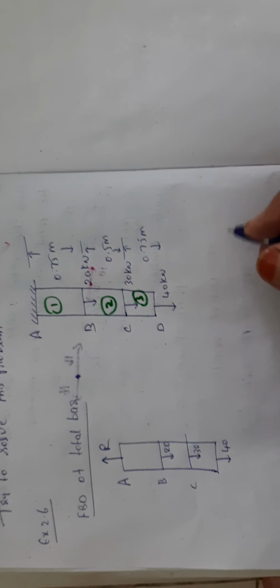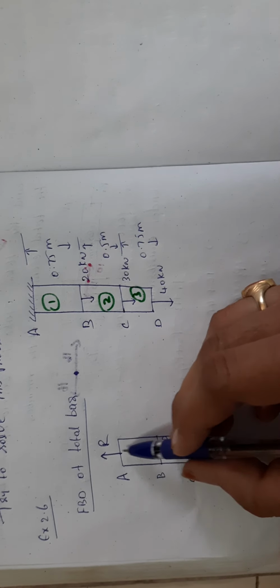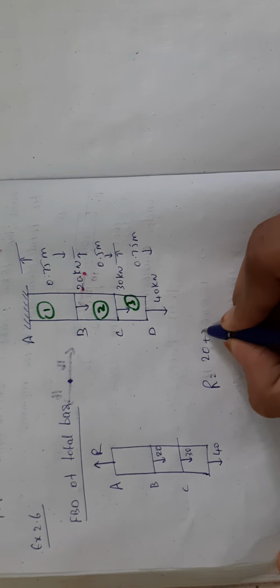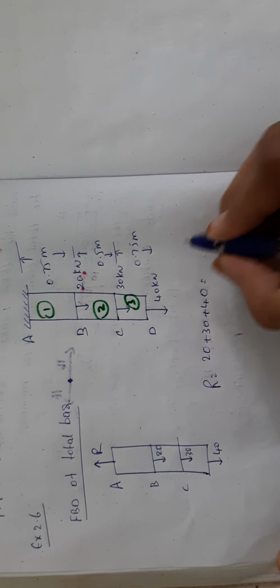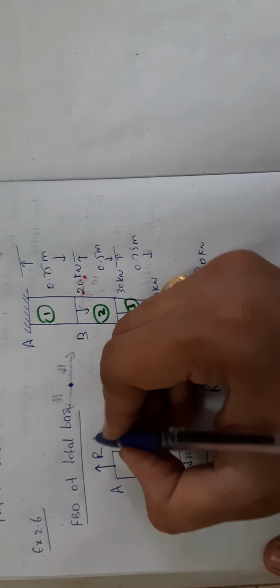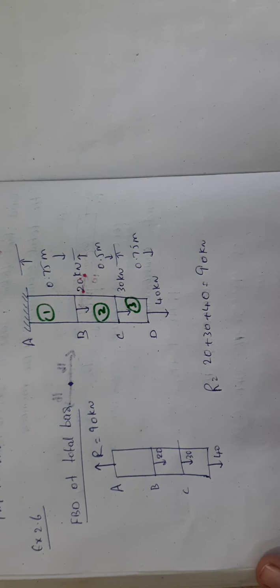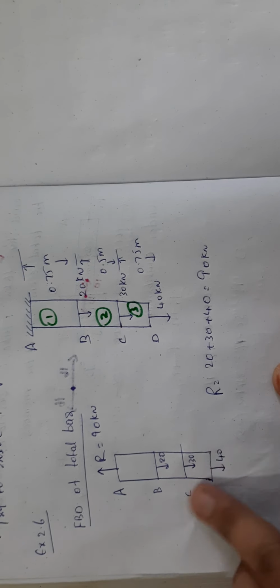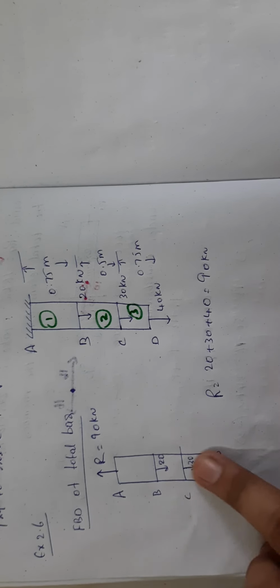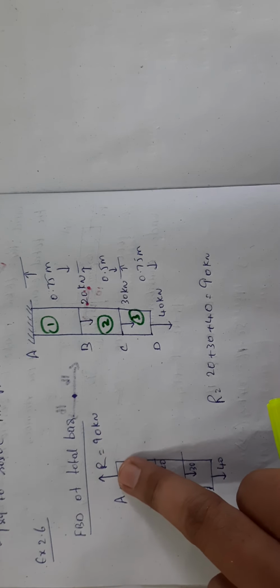So this reaction force can be calculated. R equal to, so this is upward force and these are all downward forces. So R equal to 20 plus 30 plus 40 equal to 90 kilonewtons is the reaction force which is acting on the top, because this upward force should be equal to the downward force, right? Your total downward force equal to 20 plus 30 plus 40, so it is 90 kilonewtons. So this is the reaction force which is acting at the section A.